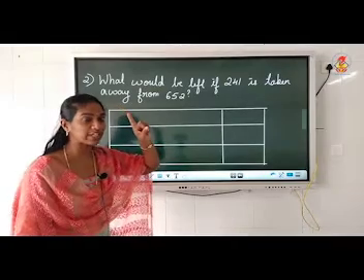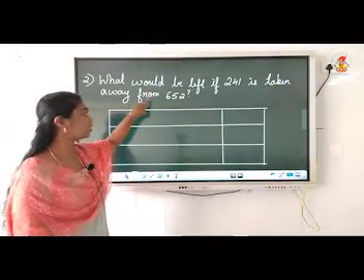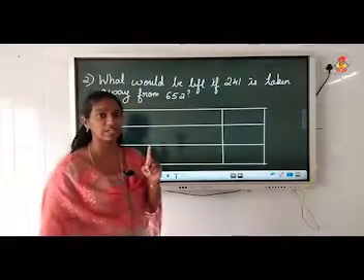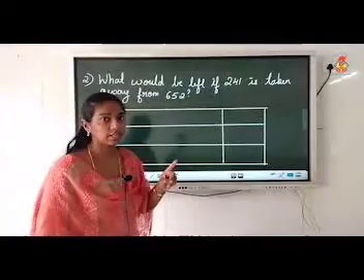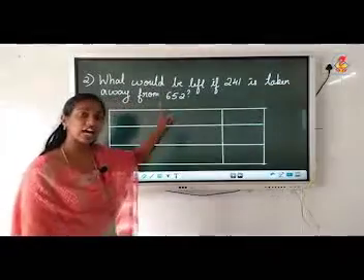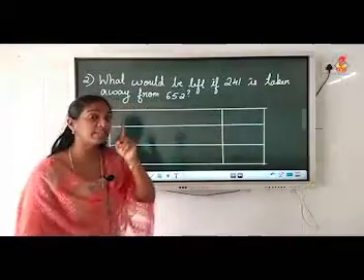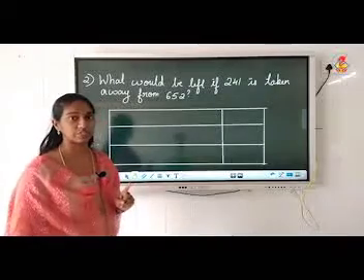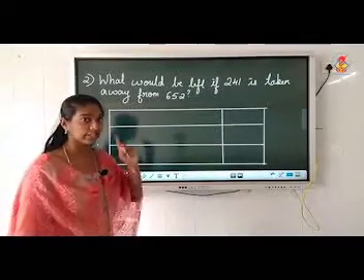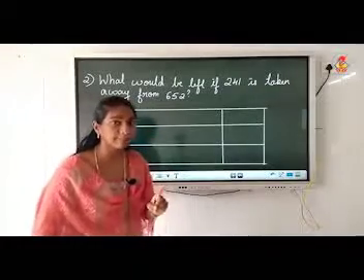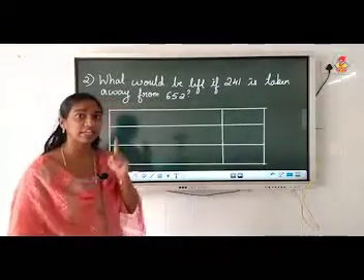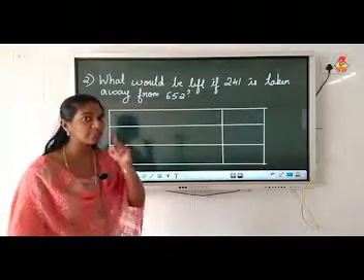I have told you in the beginning, the word from is very important in subtraction. The number that comes after the word from will be your first number in subtraction. You have to keep that in mind.